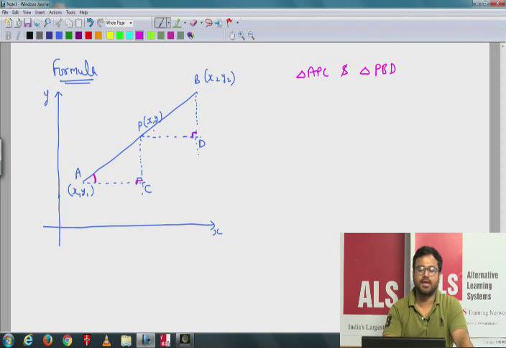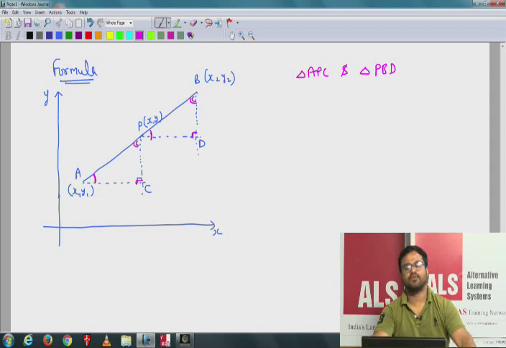Angle A and angle P are equal by corresponding angles, since PD and AC are parallel to each other. Similarly, this angle P and this angle B are also equal. Since the angles of the two triangles are equal, the triangles are similar. And in similar triangles, the ratios of sides are equal.